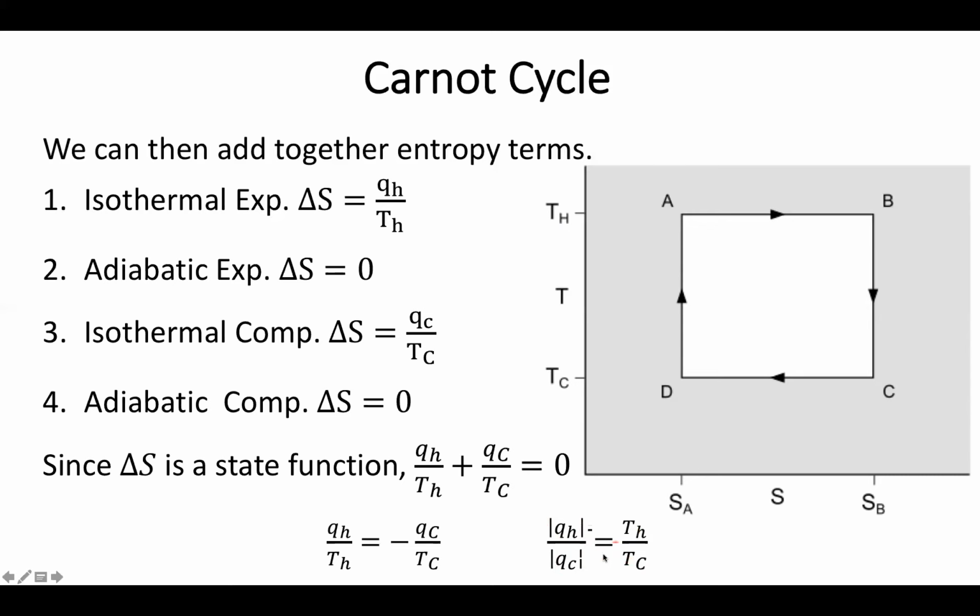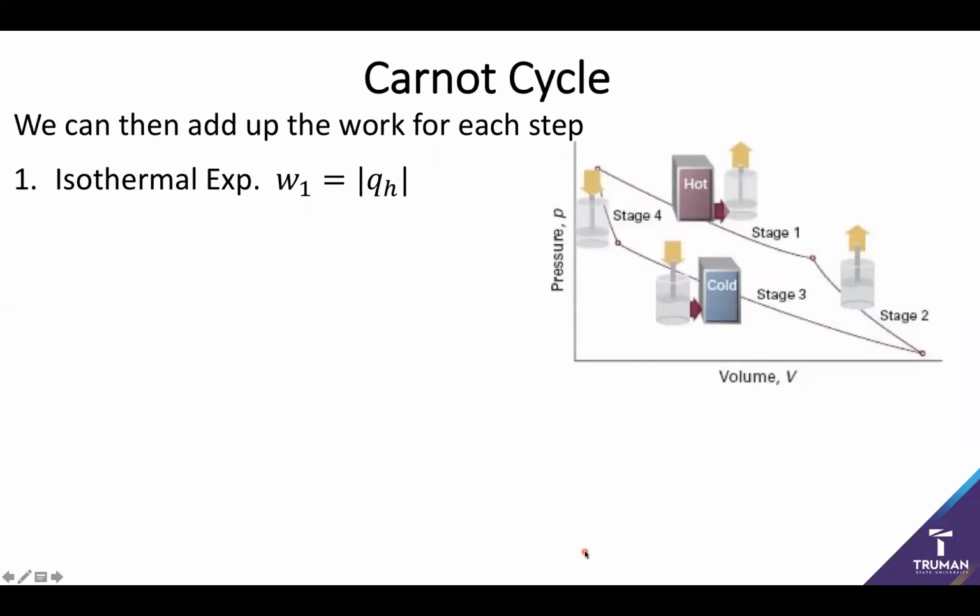And the greater this ratio, the greater the difference in these heats. Now, this becomes very important because if this energy isn't leaving as heat, it means it's leaving as work. So this is going to tell us a lot about how much work my system can accomplish.